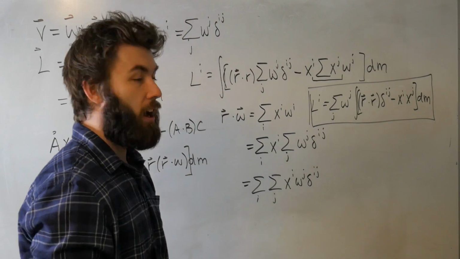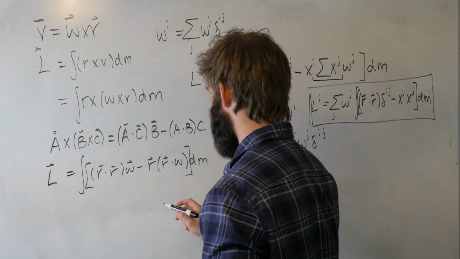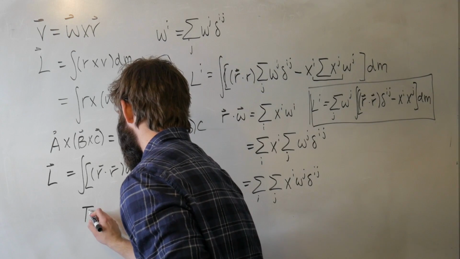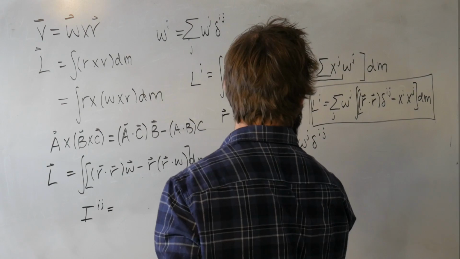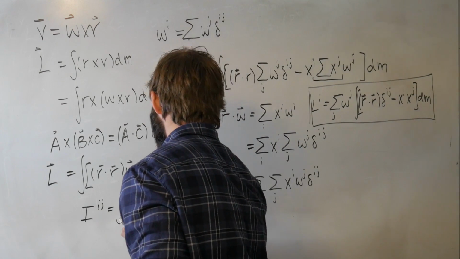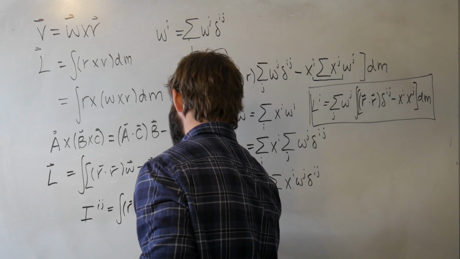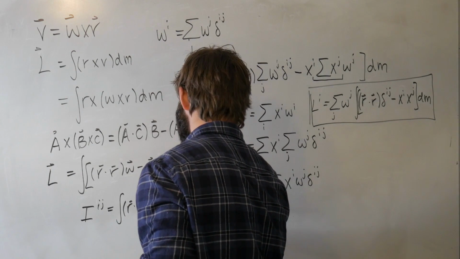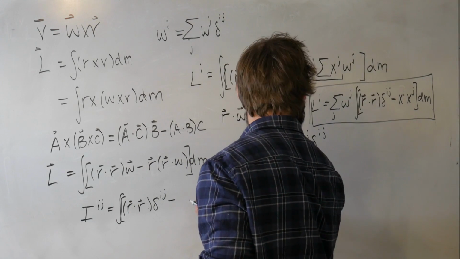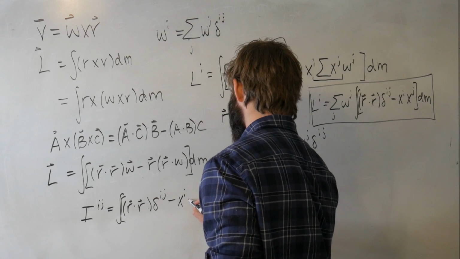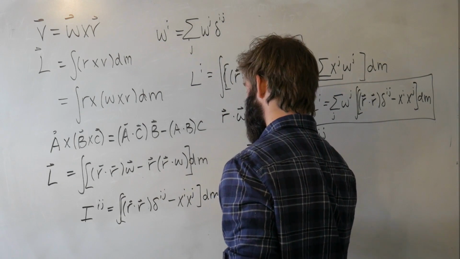And we defined the ijth component of the inertia tensor to just be the stuff that's inside that integral. So we define I_ij equal to, let's see here, we've got our integral of r dot r inside a bracket minus x_i x_j dm. So these are the components.